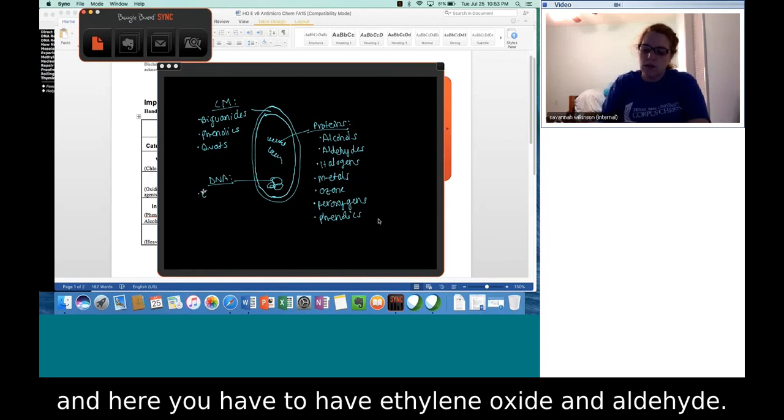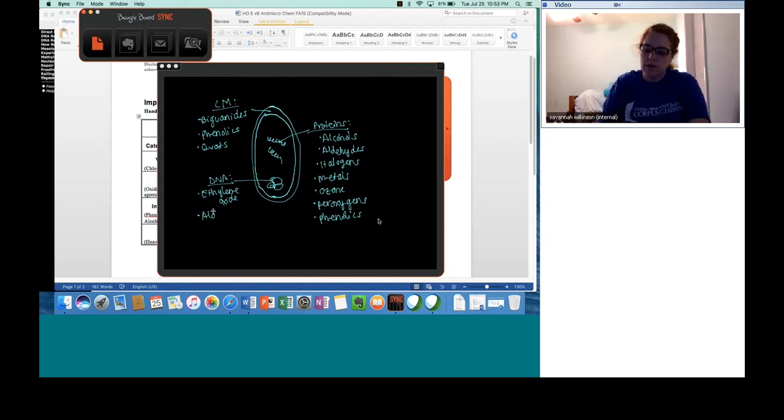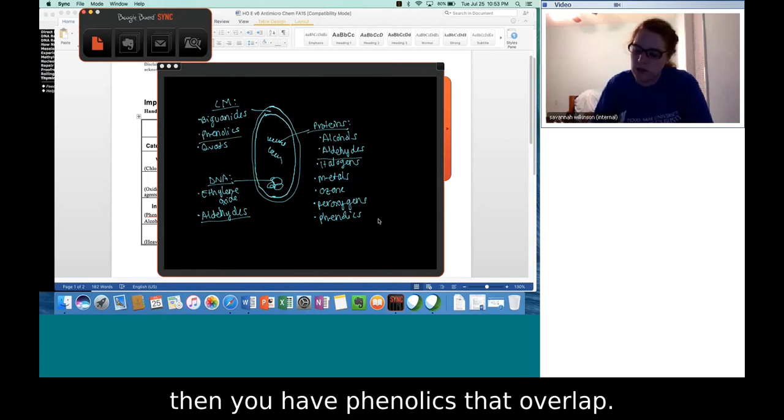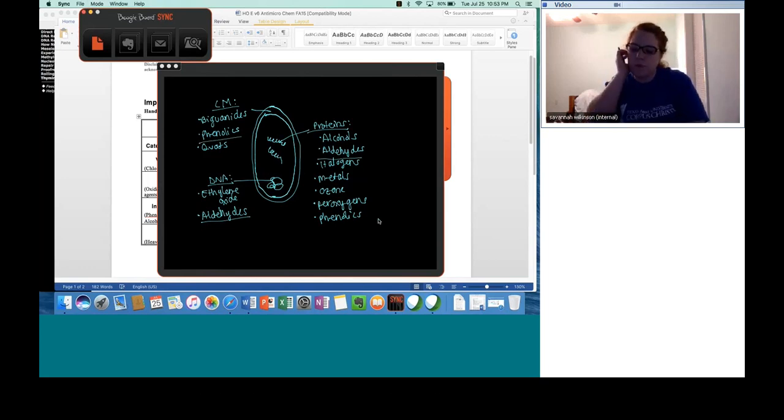And here you also have ethylene oxide and aldehydes. So as you can see, aldehydes overlap, and you have phenolics that overlap. Okay.